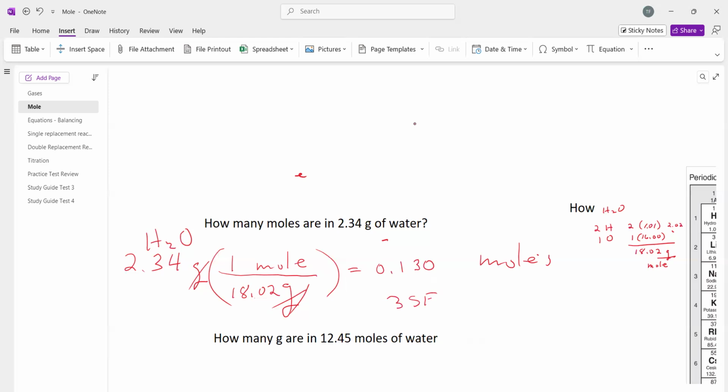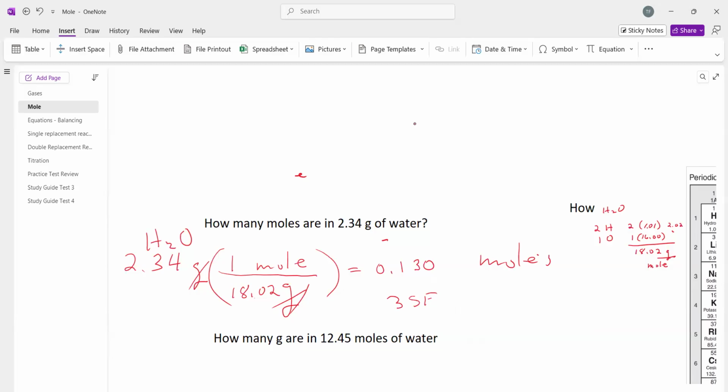So 0.130 moles. Now, for unit 2, this is as simple as it gets.